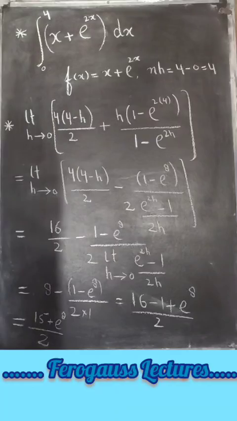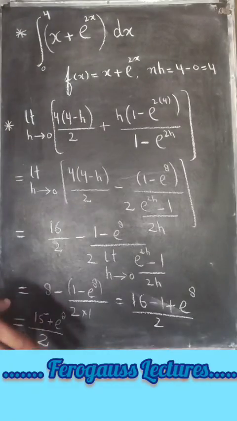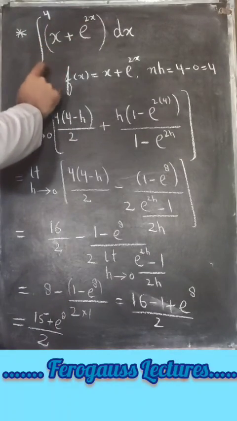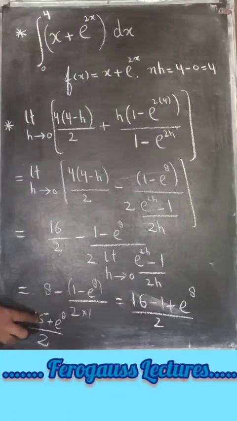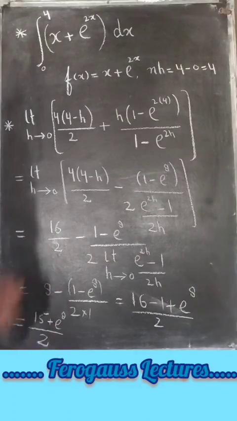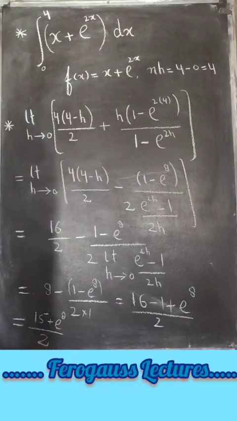That is the answer. So the value of this integral 0 to 4 of x plus e raised power 2x is equal to 15 plus e raised power 8 divided by 2. That completes the question.